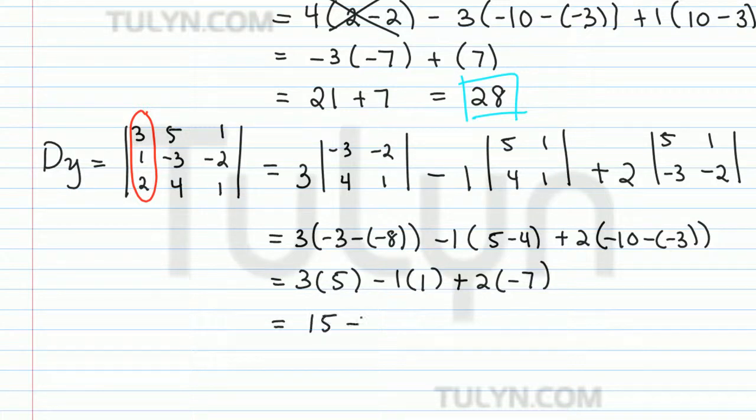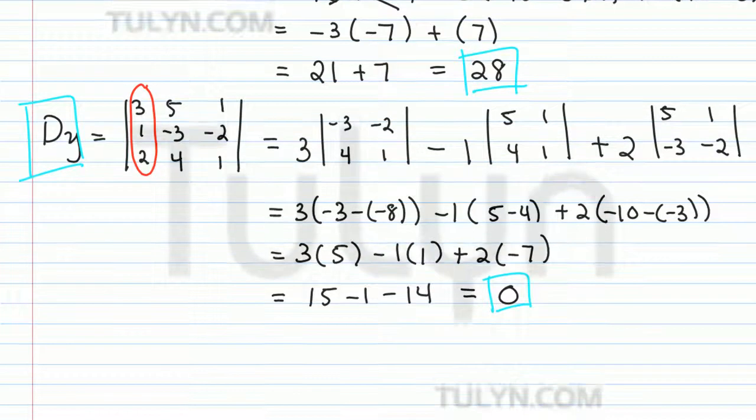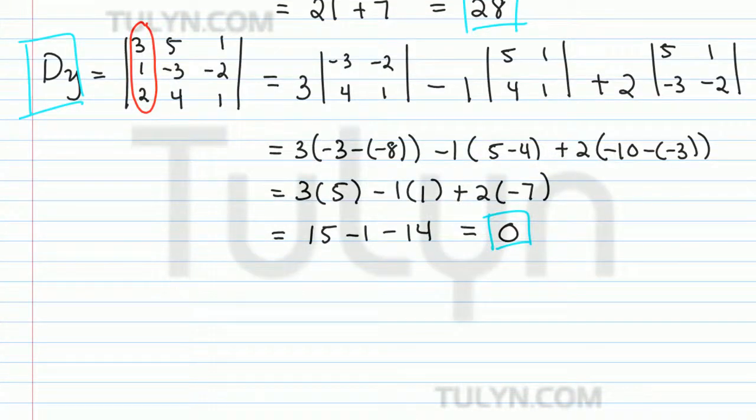So we have 15 minus 1 minus 14, which is 15 minus 15, so we get 0. So our dy is 0, which is okay, because we can have a 0 in the numerator, but if d were 0, then we'd have a different problem.